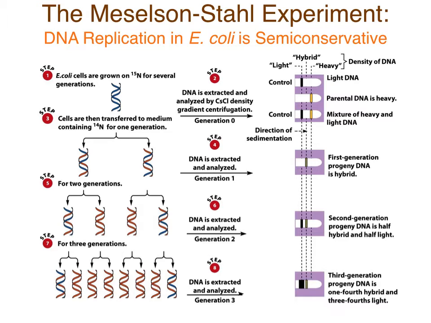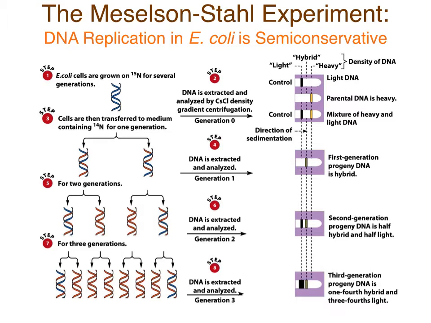In order to produce those heavy strands of DNA, they grew E. coli in a medium that contained nitrogen 15. The normal atomic mass for nitrogen is 14, so nitrogen 15 is heavier than the normal nitrogen. When a cell is reproducing, the nitrogen-containing bases on the nucleotides will contain nitrogen.